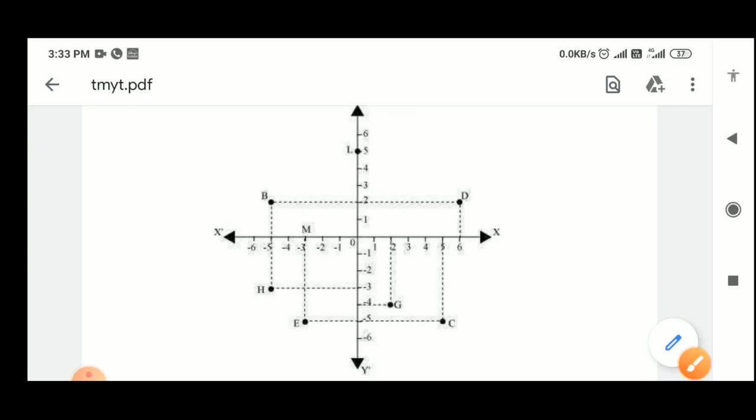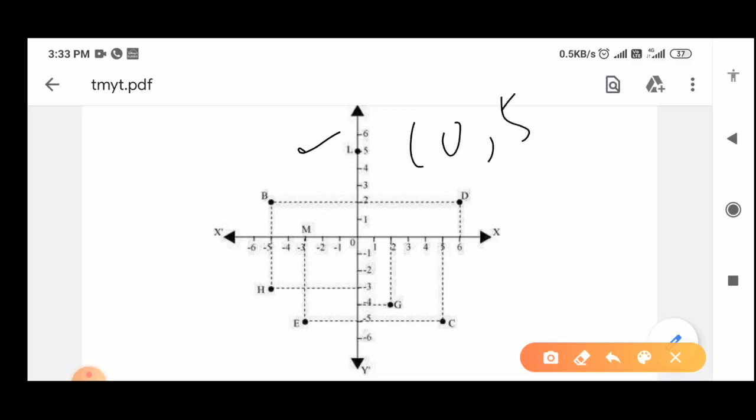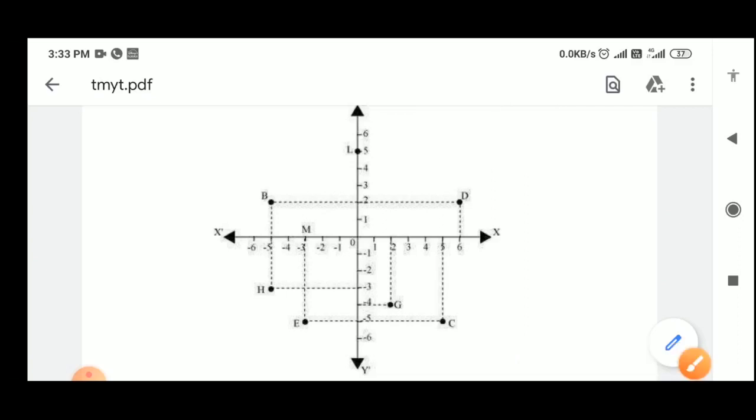So this point L lies on the y axis, so the coordinates will be 0 and 5, which means the x coordinate will be 0 here. And this point M is lying on the x axis, so the x coordinate will be -3 and the y coordinate will be 0.